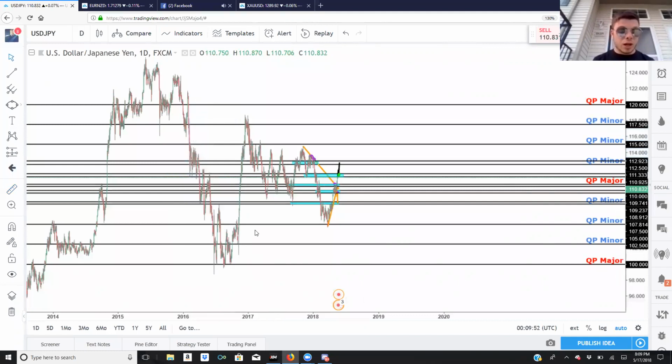And where did it go right after it retested? Came up here, almost went all the way back up to this major area and came back down, right? But you can see all the areas that this retested at and came down.